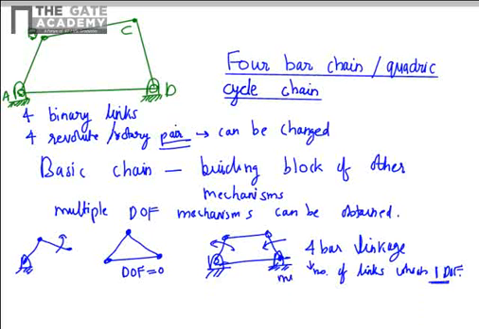So it is the minimum number of links which gives 1 degree of freedom. So we are interested in 1 degree of freedom because 1 degree of freedom means a definite relation in movement which can be calculated. That's why we are studying this mechanism.